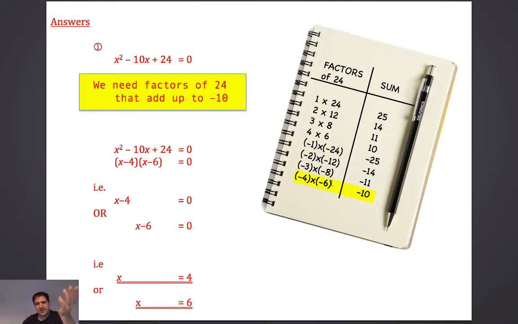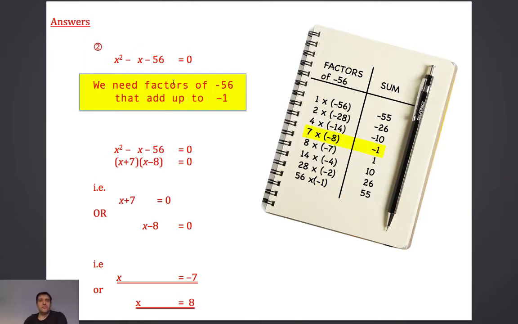I needed to think about those minus possibilities in order to get the minus there. And then the one that works is minus 4 and minus 6. So in the brackets, we get x minus 4 times x minus 6 is 0, and that will be 0 if either of the brackets is 0, so if x is 4 or if x is 6.